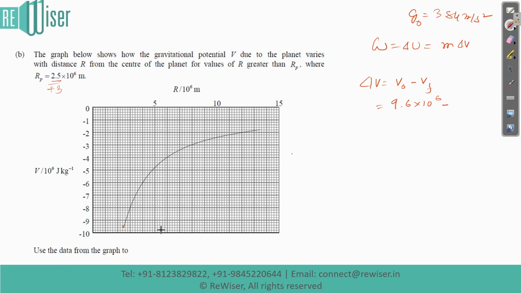5.5 is going to be somewhere here. This is 6. This is 5. So 5.5 is somewhere here. Okay. So at this point, gravitational potential is 4.4 into 10 to the power 6 joules per kg.